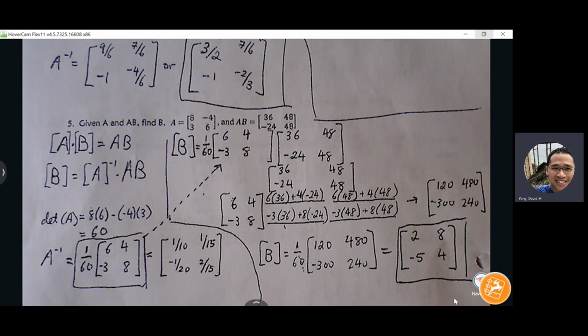Yes, it has to be just the same. I think the first one would be undefined.